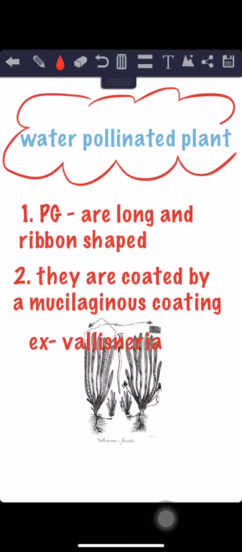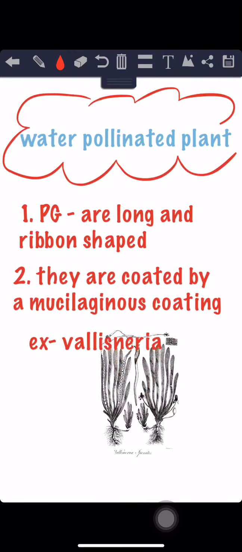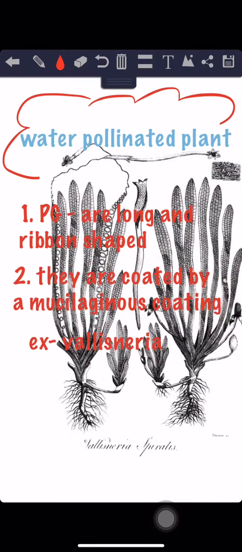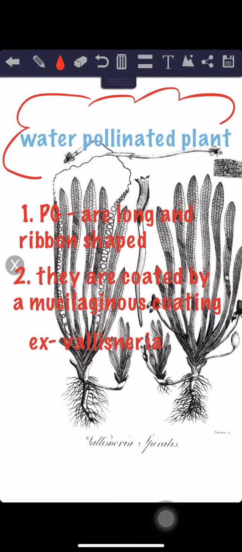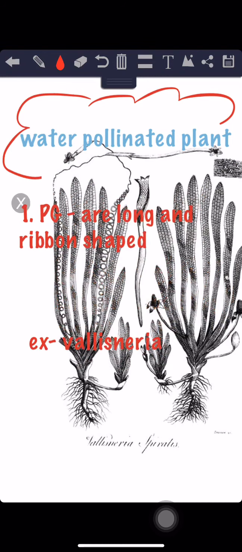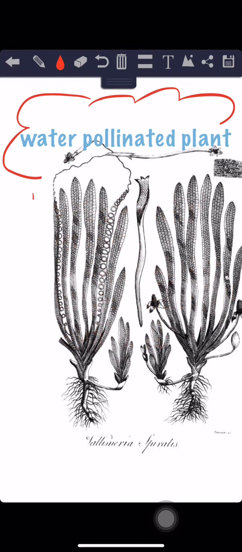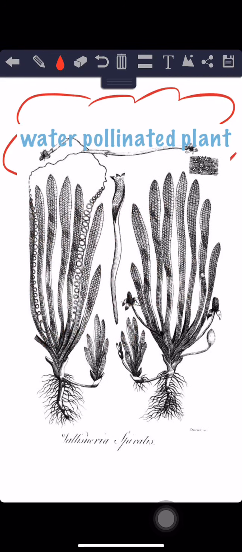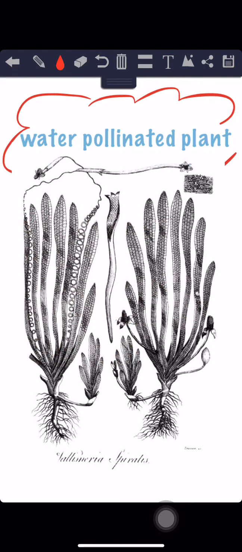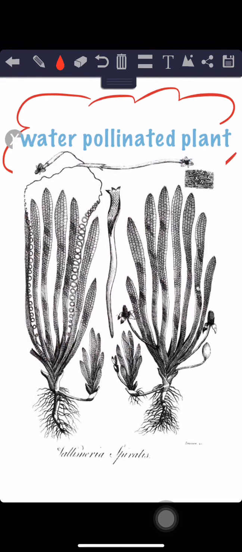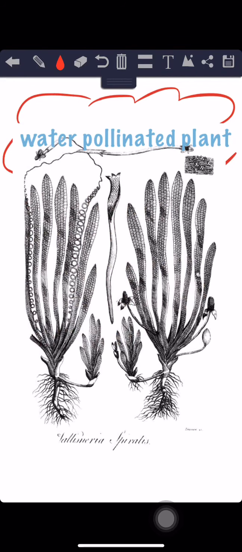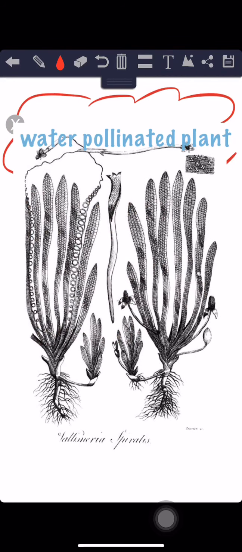You all can see there's a figure of a Vallisneria. You can see long thread-like, ribbon-shaped structures. These are the pollen grains of such kind of a plant. And this is Vallisneria.